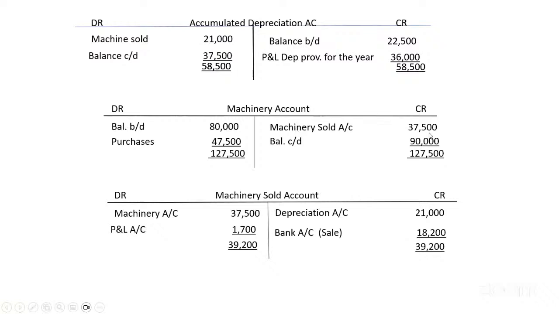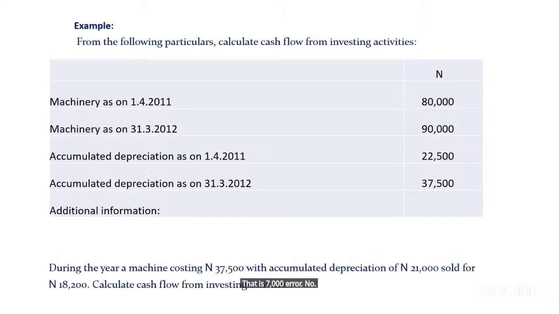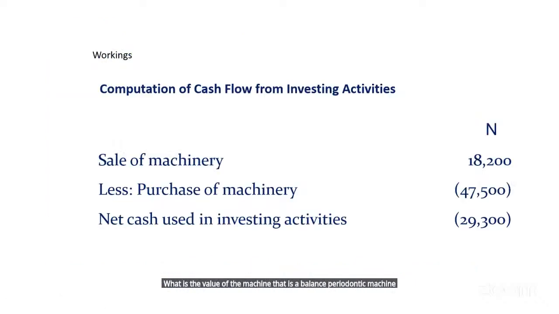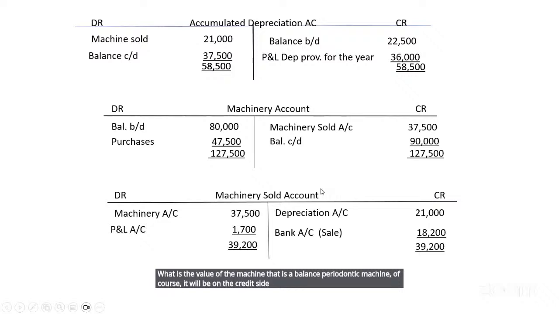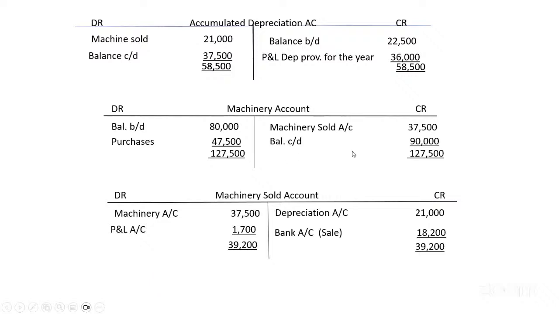7,000 naira. Now, 31st of March 2012. What is the value of the machine? That is the balance carried out, the machine. Of course, it will be on the credit side. It was 90,000 naira.